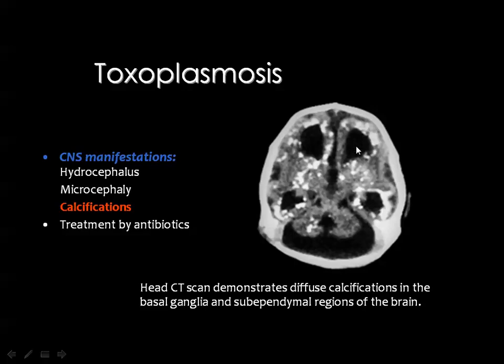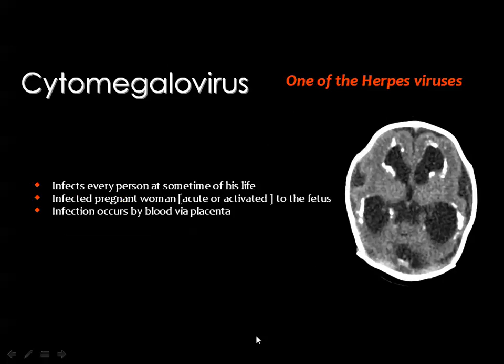And here you can see dilatation of the ventricles, and this patient may also have Dandy-Walker syndrome. Hence, you can see a retrocerebellar CSF containing cyst, which is continuous with the fourth ventricle. We will discuss this in full detail in the lecture on hydrocephalus. Then the treatment of this protozoon is usually by antibiotics.